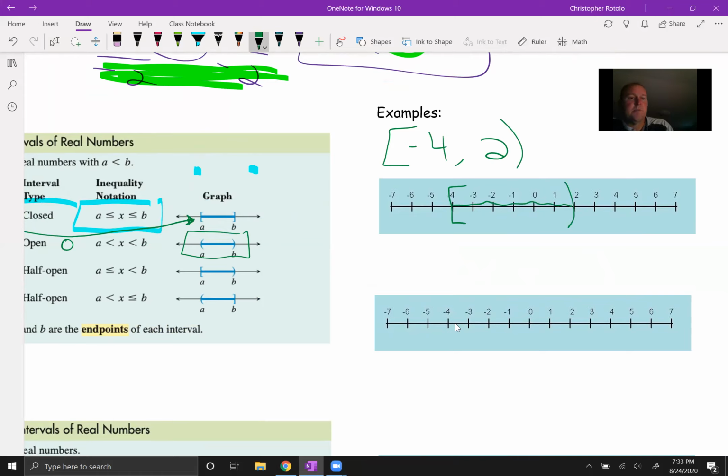And so these are going to be with your numerical intervals. So let's go -1 to 3. Now keep in mind that in this one, as we look at the space in between, right, so we have one that is half open and one that is open.